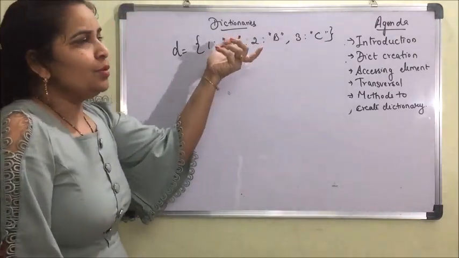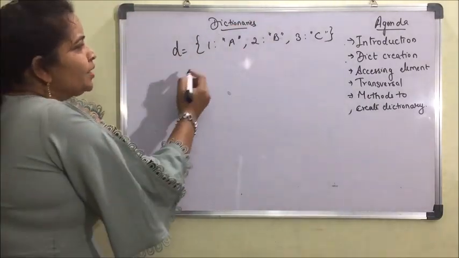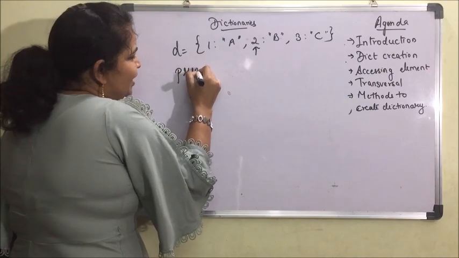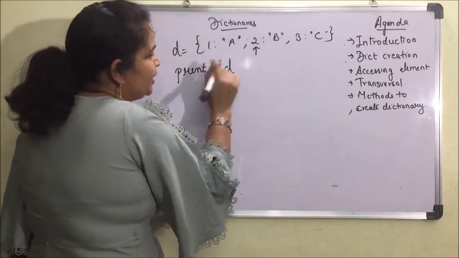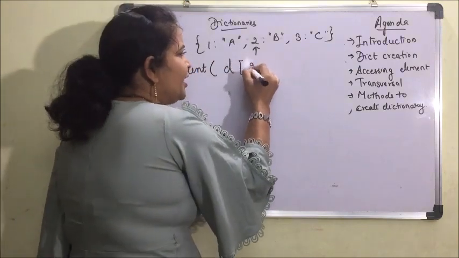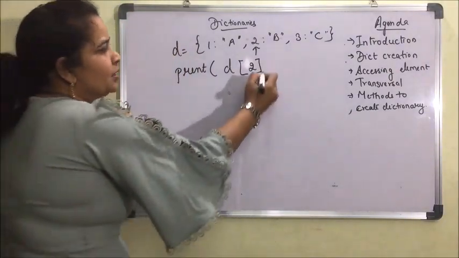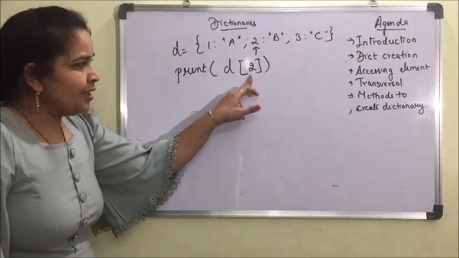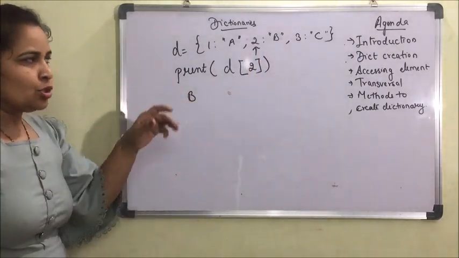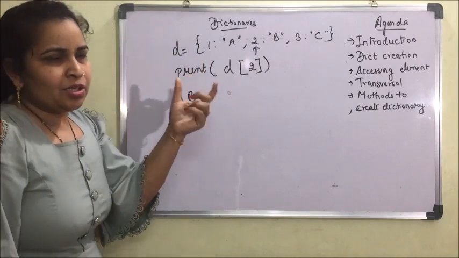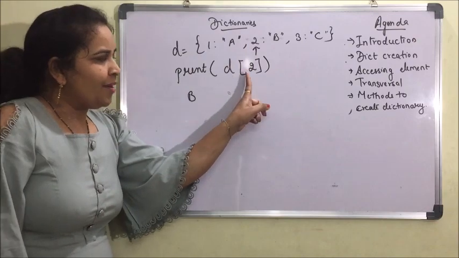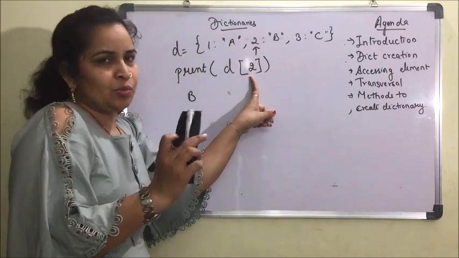So if we want to access an element, we have to use the key. We have to write print D, the name of the dictionary, then square brackets. Rather than writing an index, we have to write the key. The value at this key will be printed. So to access the value of any dictionary, we have to write the key where we were supposed to write the index.